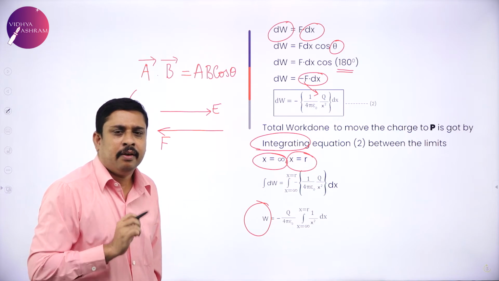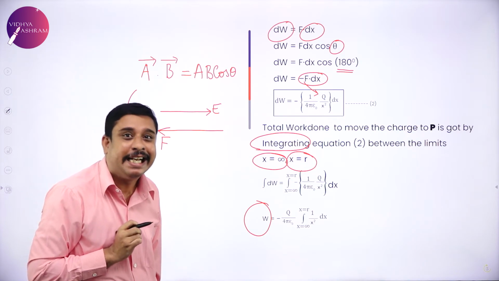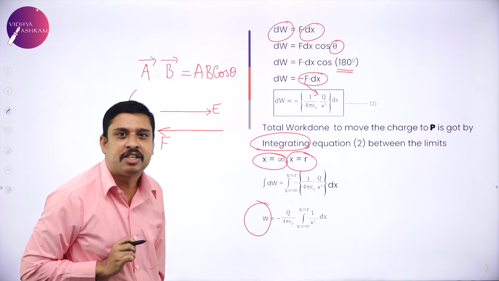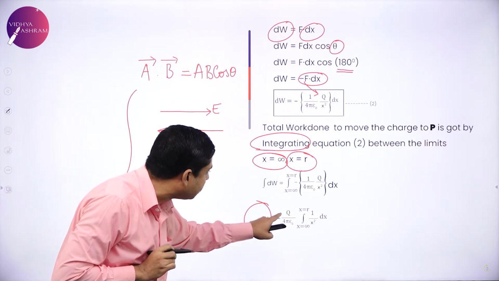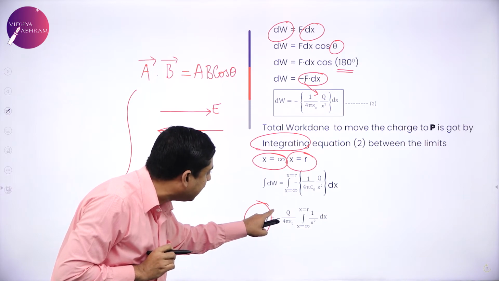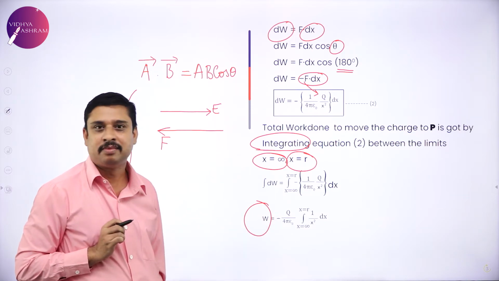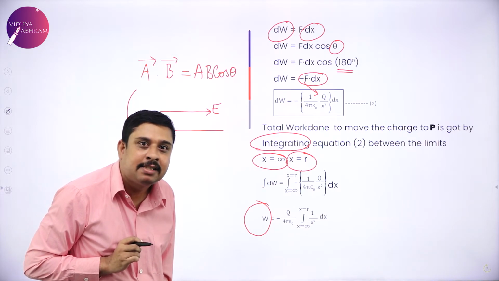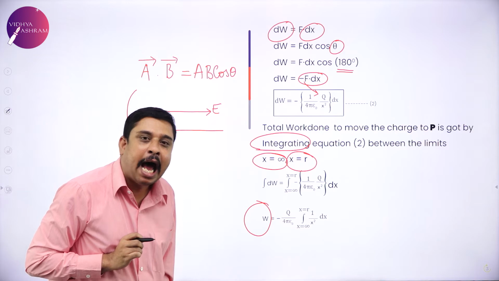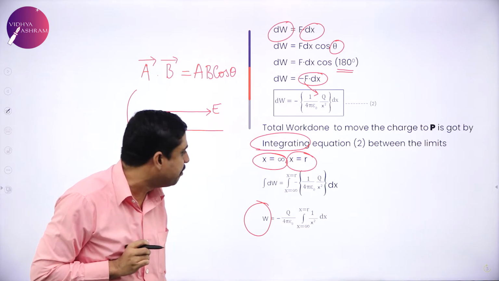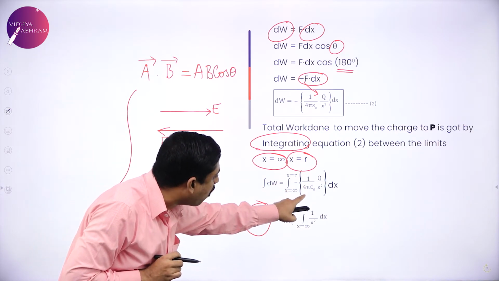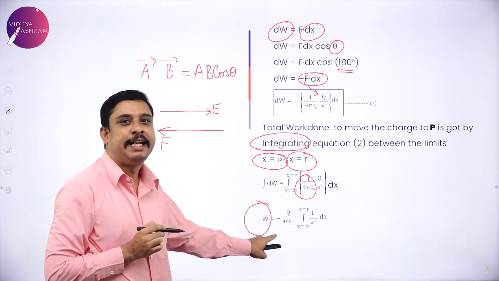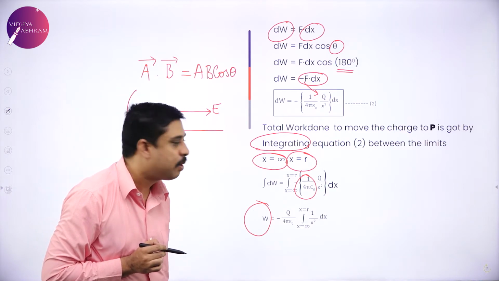First, whenever you have a negative sign, take it outside the integration symbol. So I have a negative sign, I have taken the symbol out. Next, all constants have to be taken outside the integration symbol. 1 by 4 pi epsilon naught is a constant which I take outside the symbol.